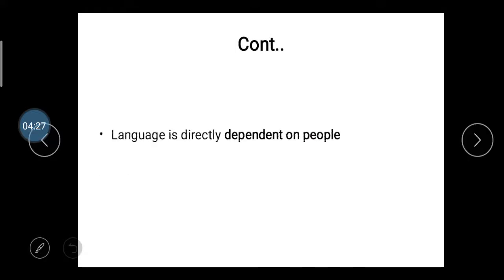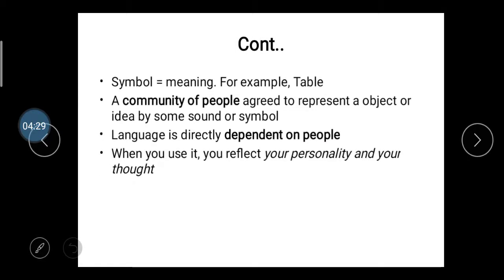Then after, symbol. Symbol is equal to meaning. When you give a symbol to others, at that time you try to convey a message. So a symbol is one type of meaning. You give the symbol and the receiver can understand your symbol's meaning. For example, table.